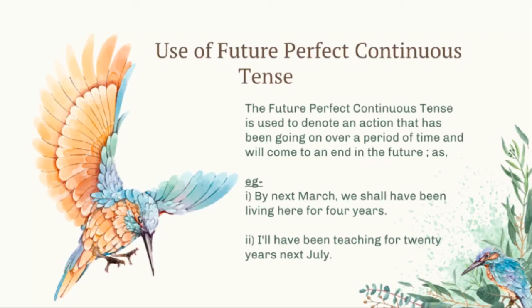So it denotes some action that is already going on and it will come to an end in the coming time. Second example, I will have been teaching for 20 years next July. Same thing children, I'm already teaching and by the time next year the July comes, I'll complete 20 years of teaching. So an action is already going on and it will come to an end in the future.